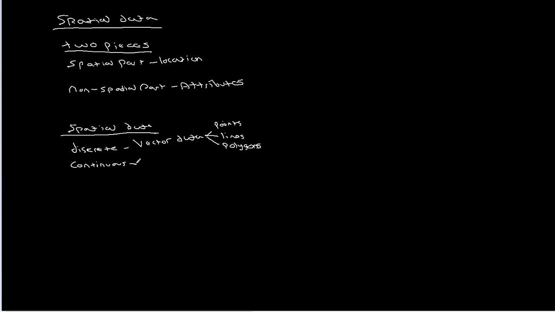And then we're going to talk about continuous data, and the data model that's used most often there is going to be something called raster data. And we're going to spend a fair amount of time comparing and contrasting these 2 data types. Then we're going to talk about the non-spatial data.